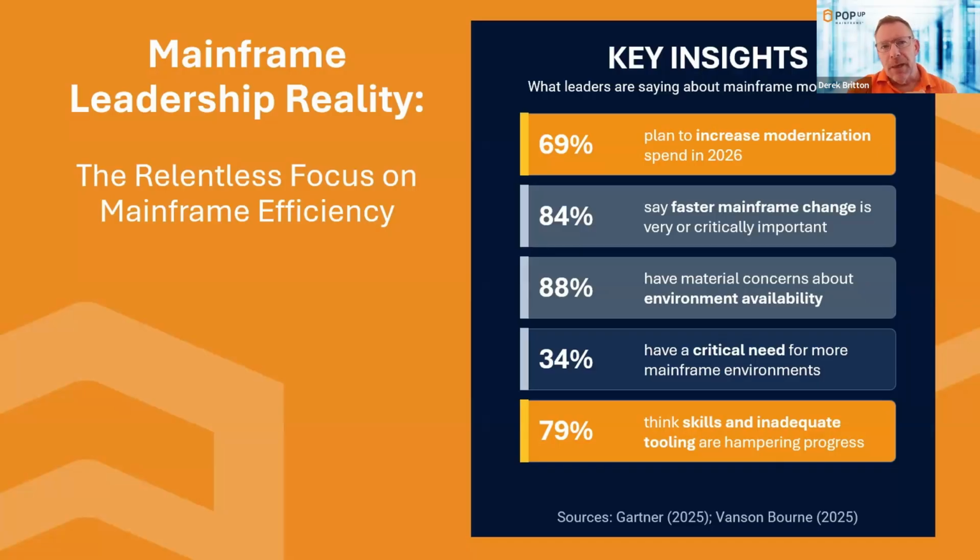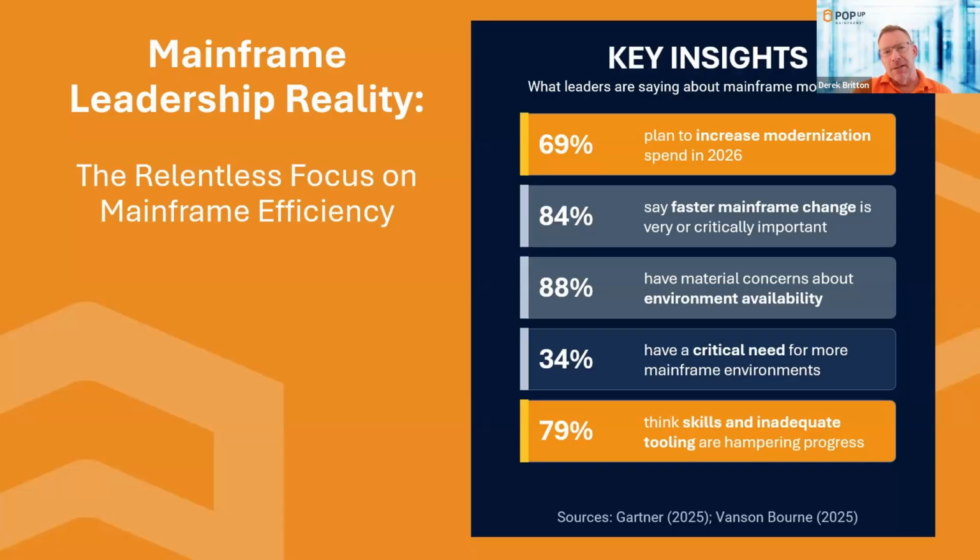One major issue, as you can see on the screen here, is that mainframe teams are actually hampered by a lack of mainframe environments. They don't have access to the mainframe as often as they'd need to execute the change that they want to. And as I mentioned in the last webinar, it's amazingly over a third of respondents said that they had a critical need for more z/OS environments.